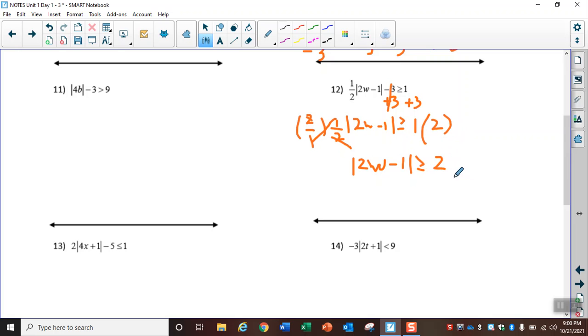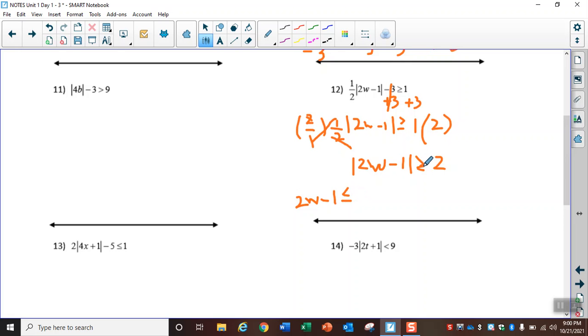Okay, so it's greater. So I'm going to have these ends here, right? So I'm going to do the flip-flop. Greater, I'm going to do the flip-flop. So I'm going to come over here, and I'm going to do 2w minus 1, just take all the stuff inside, and I'm going to flip this to less than.